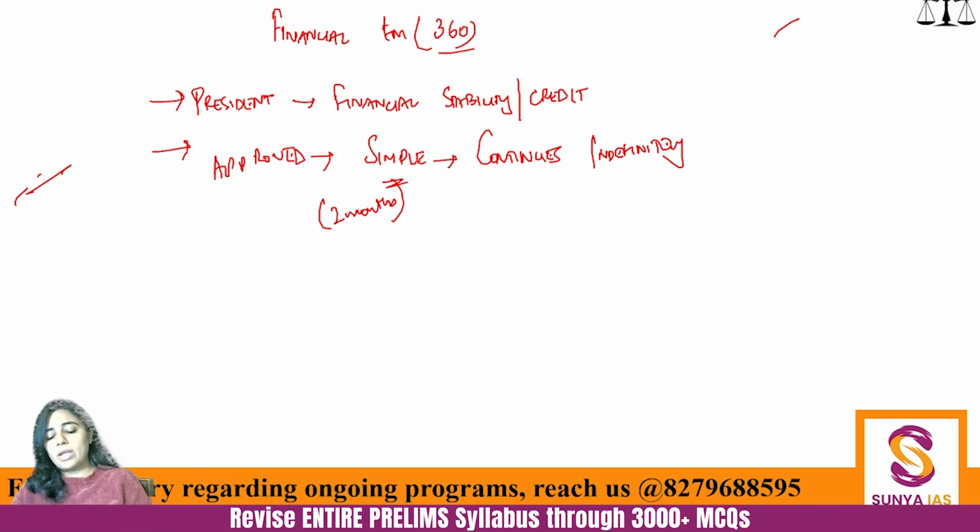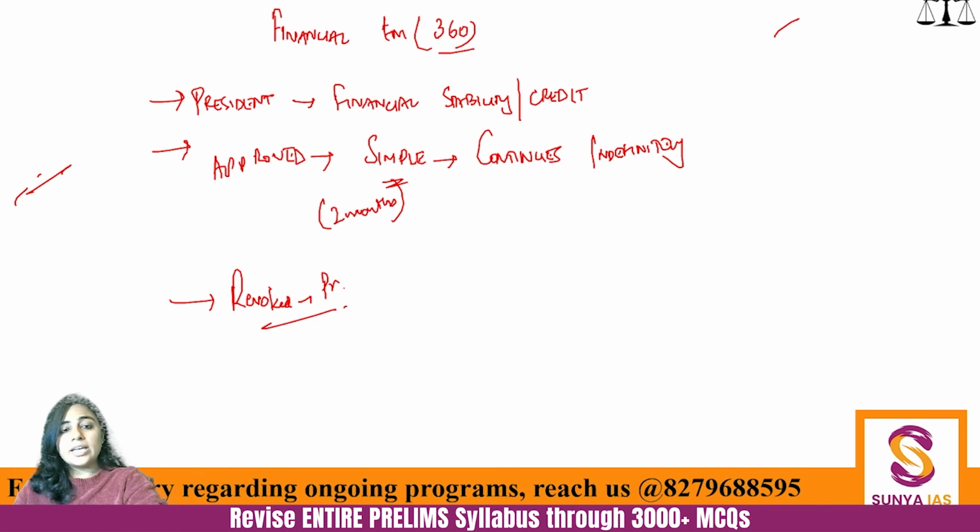I hope you understand. So there is no maximum period for which the emergency can be imposed. There is no need to renew it again and again, and it can be done by simple majority. Revocation, again, it can be revoked by the president, and there is no parliamentary approval required.